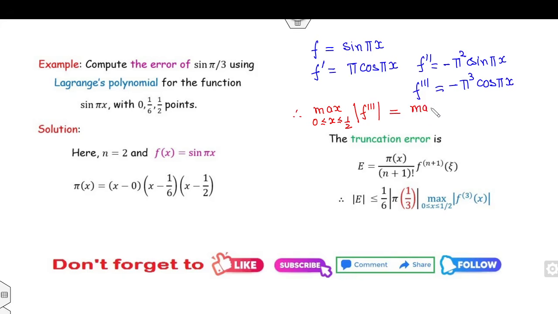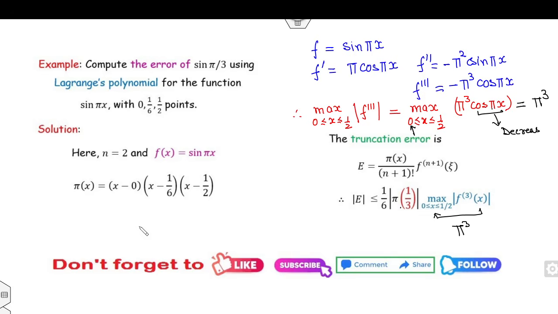The absolute value is pi cube cos pi x, where x varies from 0 to half. Now clearly this cos is my decreasing function, fine. So the maximum value occurs at the lower limit, 0. So what is the value of cos 0? Cos 0 is my 1. So this answer is my pi cube.